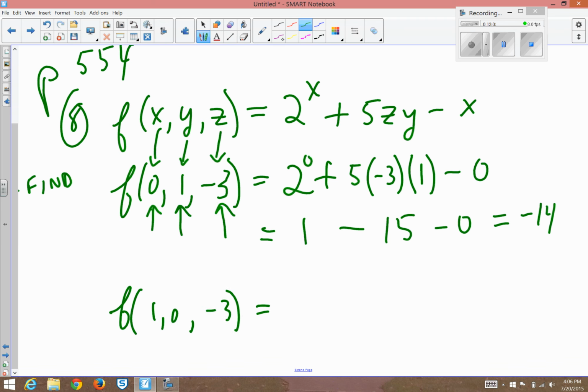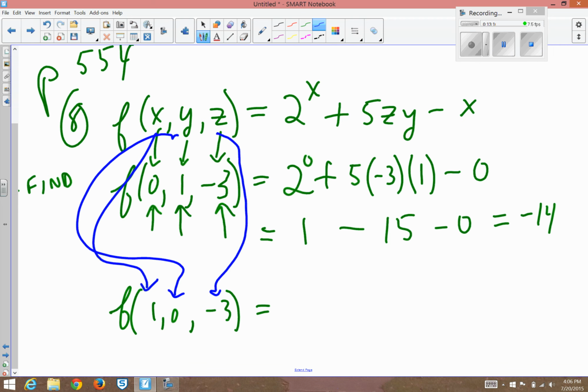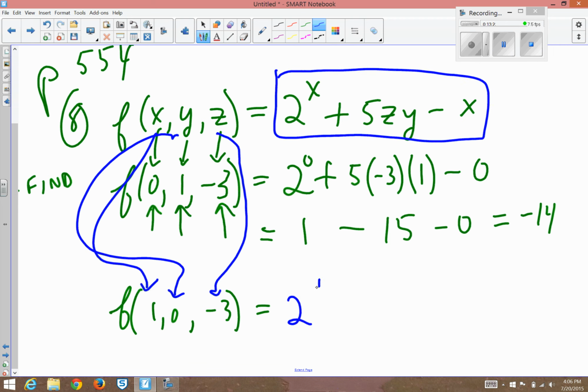So we replace x with this first number, replace y with this 0, and replace z with negative 3. 2 to the x, x is 1, plus 5 times z, z is negative 3, times y, which is 0, minus x, x is 1.